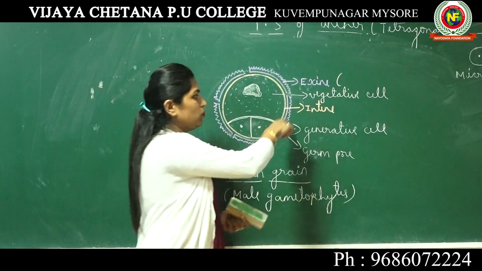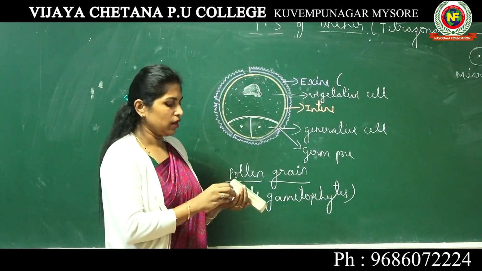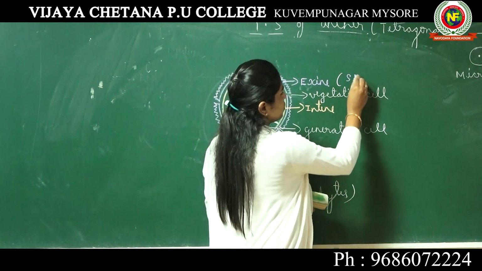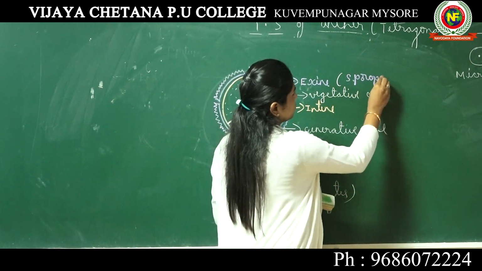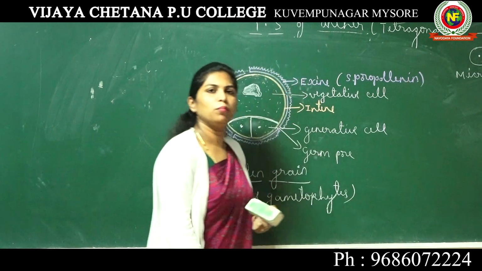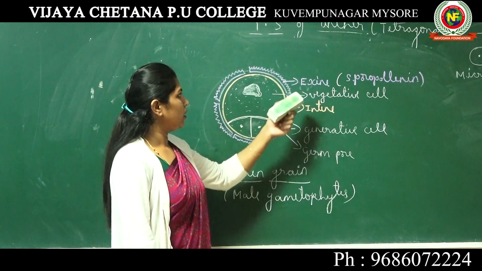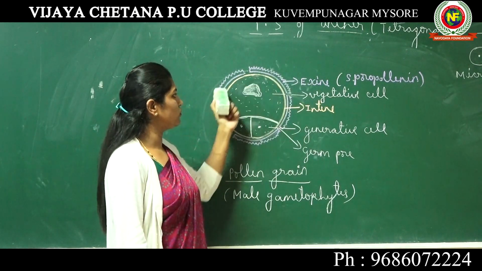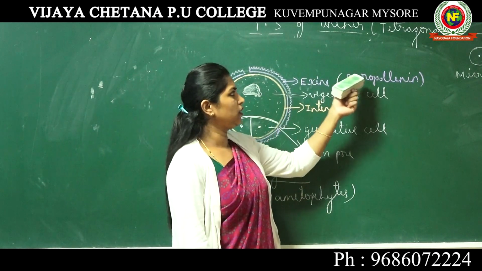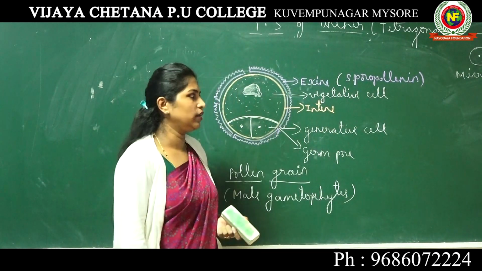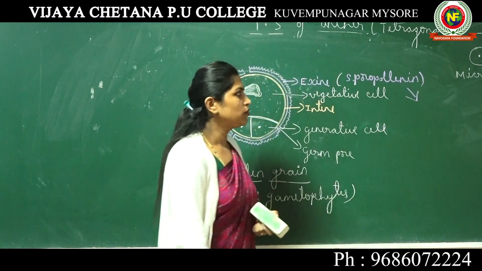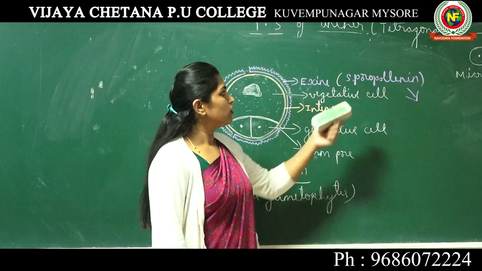Exine is the outermost layer of the pollen grain, made up of a material called sporopollenin. How is sporopollenin of so much importance?